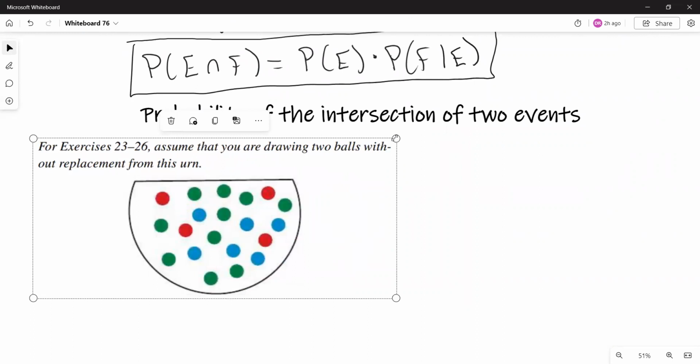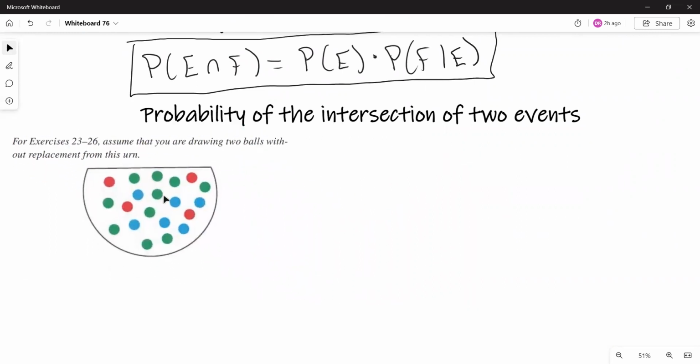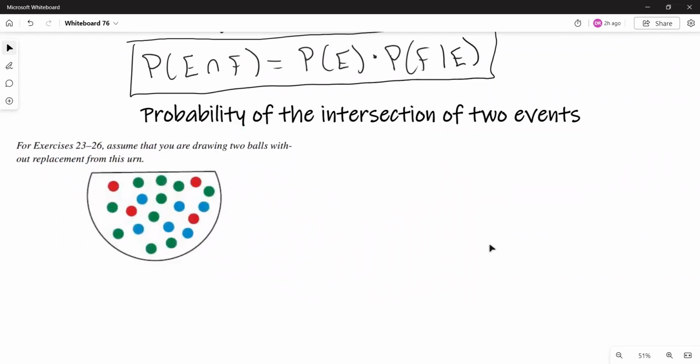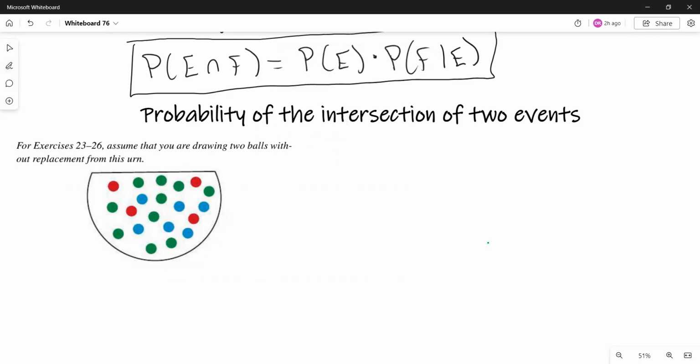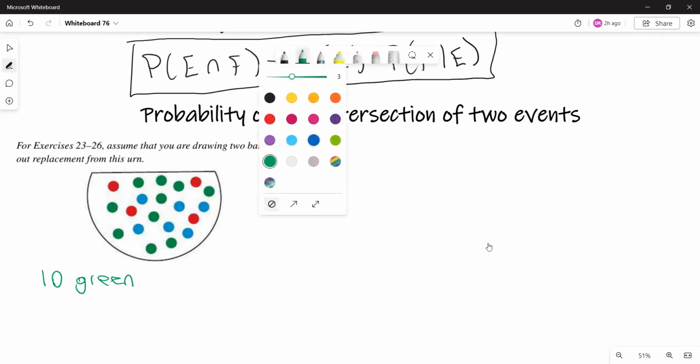So assume that you're drawing two balls without replacement from this urn. We're doing number 23 and 24. Observe that you have 20 balls, so 10 are green. If you count them, you will see that 10 are green, 6 are blue, and 4 are red.